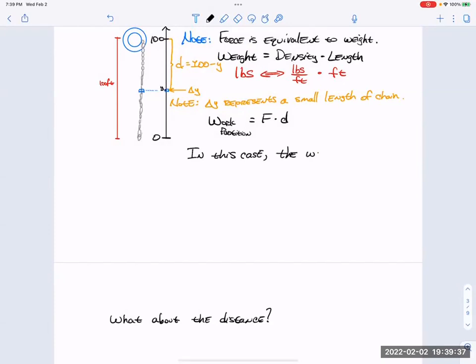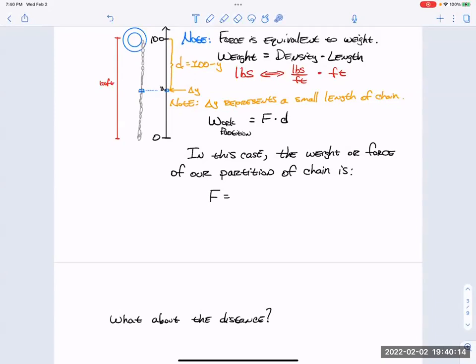the weight or force of our partition of chain is F, which is our weight.